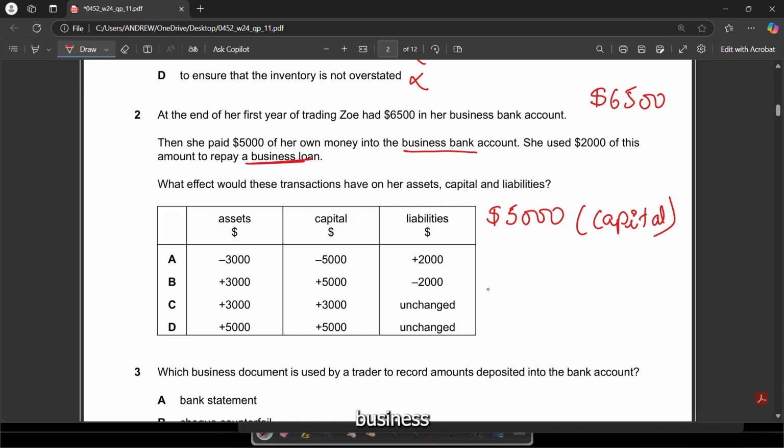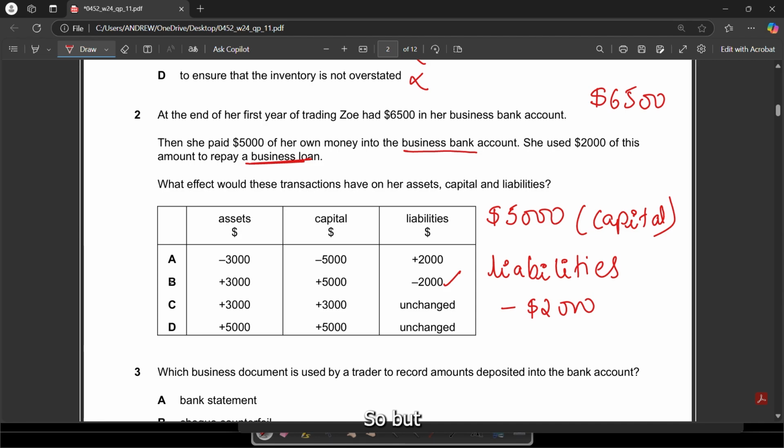Now, a business loan is nothing but a liability. So if I'm repaying a liability, that means my liabilities would be reduced by $2,000. I can see in option B, liabilities being reduced by 2,000. So I don't even have to check the other options.